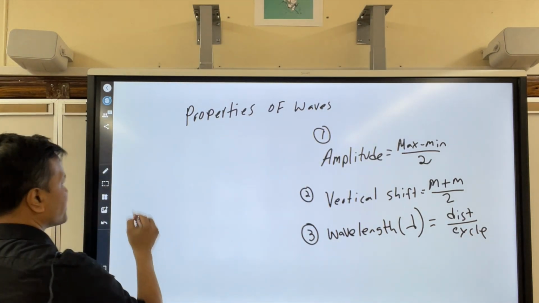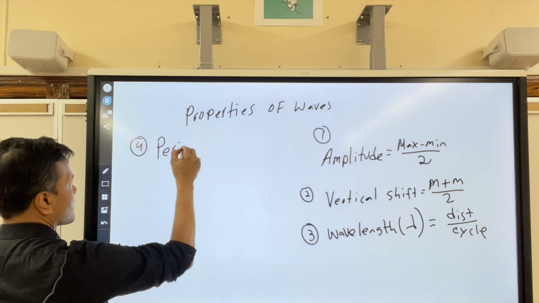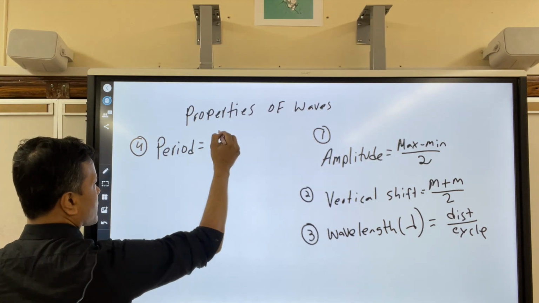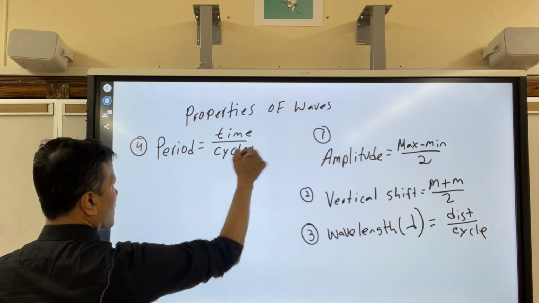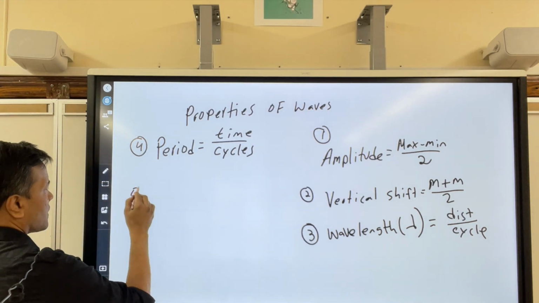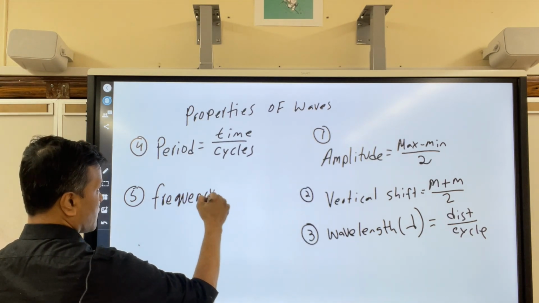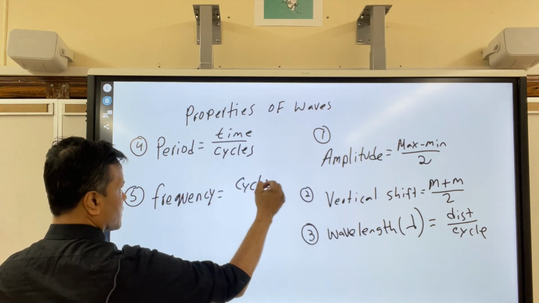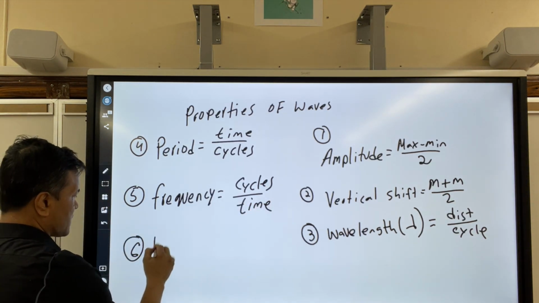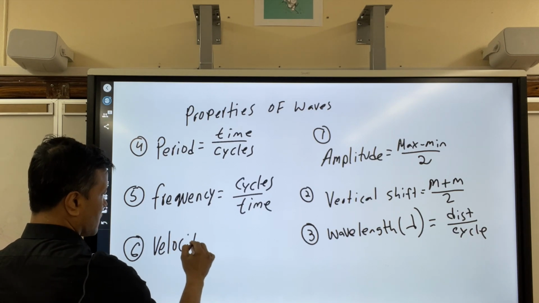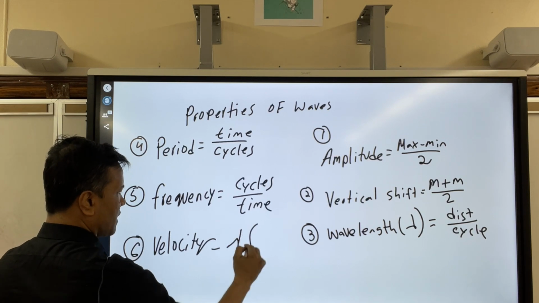Number 4, period, which is time over cycles. Number 5, frequency, which is cycles over time. Number 6, velocity, which is lambda and frequency.